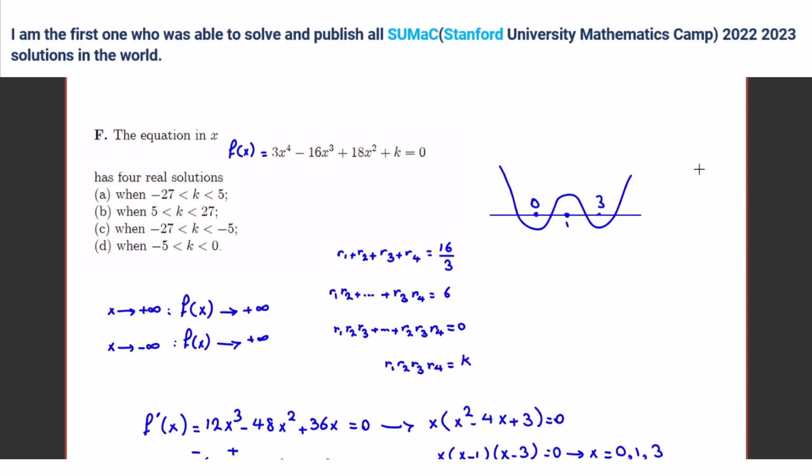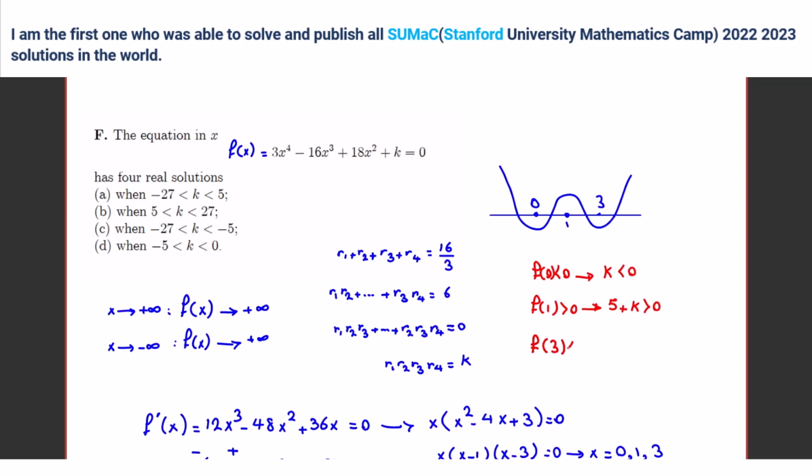Okay, so f of 0 negative means k should be negative. F of 1 positive means 3 plus 18, 21, minus 16 is 5, so 5 plus k is positive.